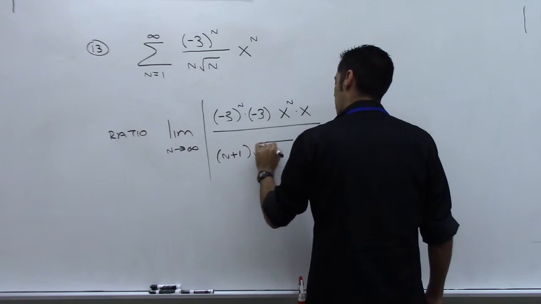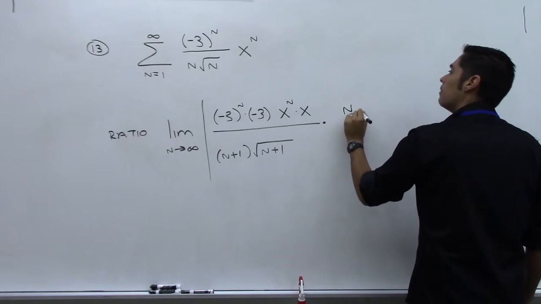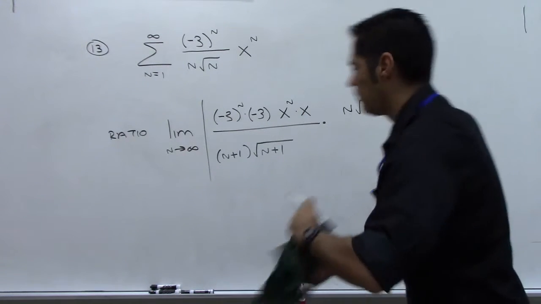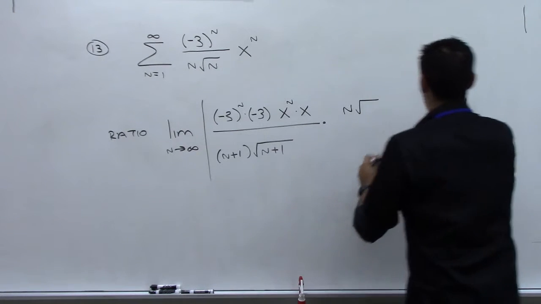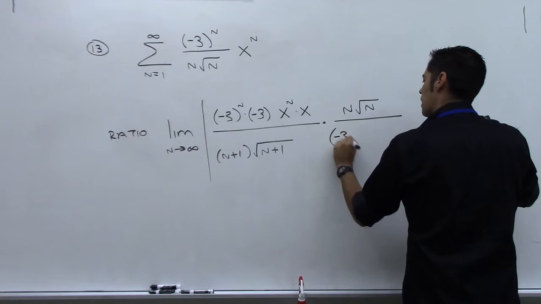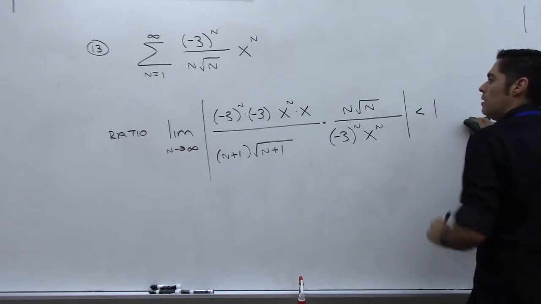Feels like I did this problem already, but. And then flip it, flip that up there, get that. And then negative 3 to the n, x to the n. I need that to be less than 1.